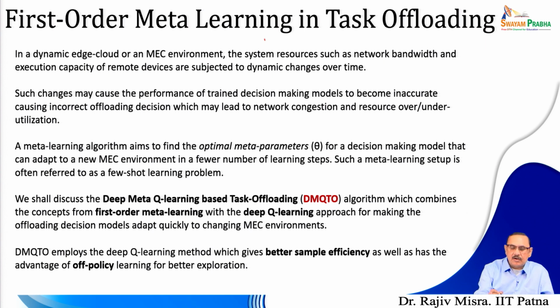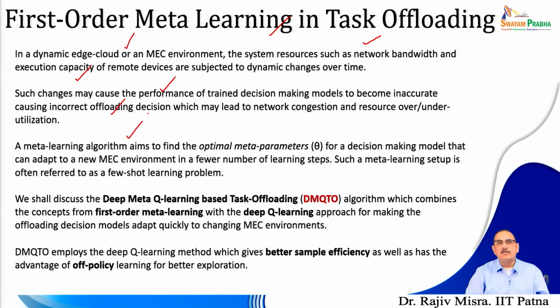So, first order meta learning in task offloading. In a dynamic edge cloud system, the system resources such as network bandwidth and execution capacity of the remote devices are subject to dynamic changes over time. Such changes may cause the performance of the trained decision making model to become inaccurate, causing incorrect offloading decisions, which may lead to network congestion and resource under-utilization.